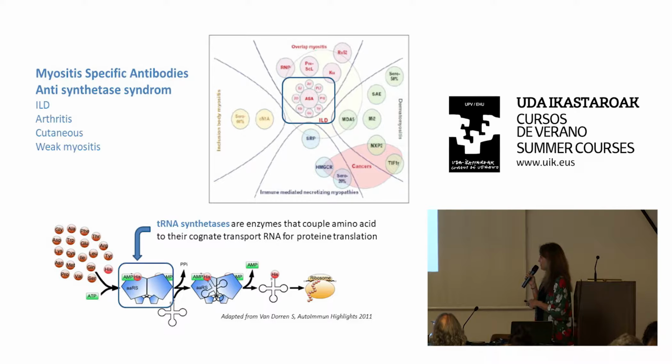Those proteins are enzymes that couple amino acids to the cognate transfer RNA for protein translation. And when we talk about Jo1, it is this kind of enzyme that will transport histidine to the cognate tRNA, here, that will then go to the ribosome. That is Jo1.